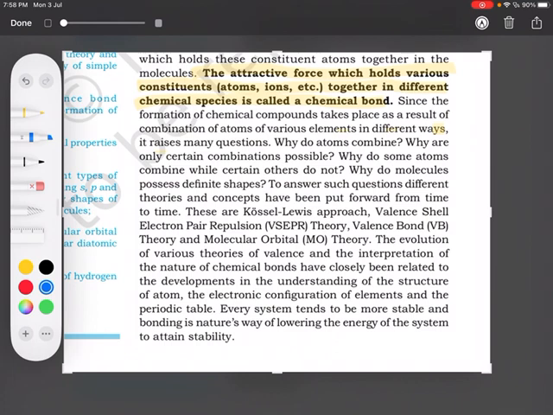For answering all this, how did they come together? For answering all these, there are the Kossel-Lewis approach, valence shell electron pair repulsion theory, VSEPR, valence bond theory, VB, and molecular orbital theory, MO.